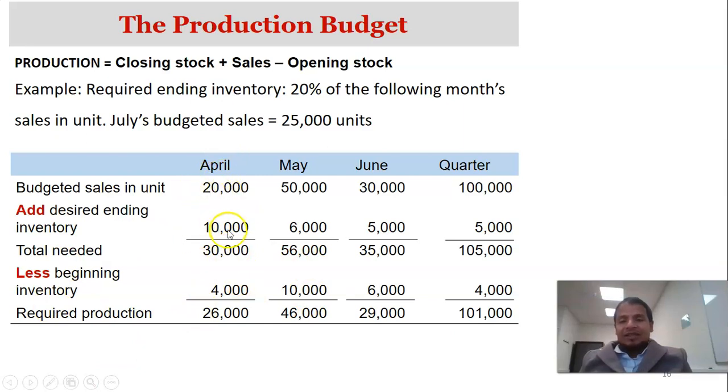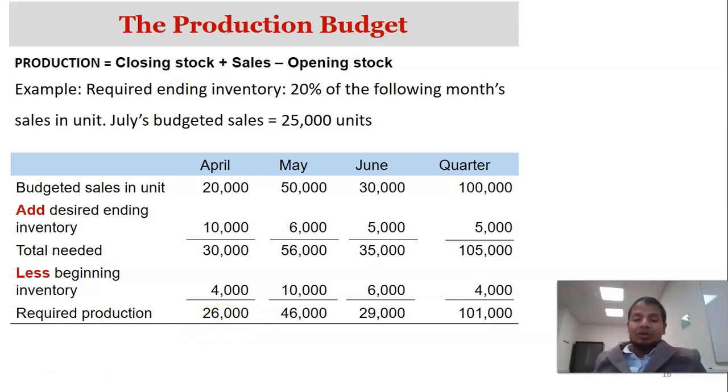This is for sales and this is for ending inventory. This is the total needs, but we already have 4,000 in hand at the beginning of the quota. This came from the previous month, March. If we deduct 4,000, we get the amount that we need to produce.